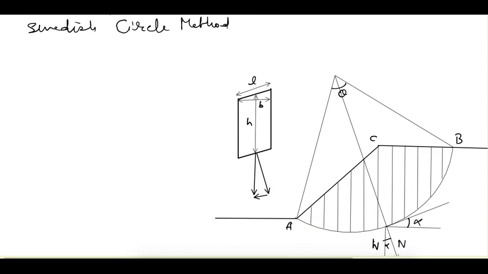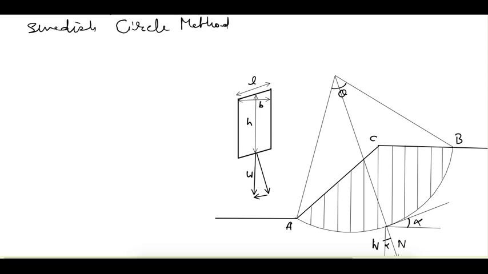So we divide our slope above the arc. AB is the arc, so whatever soil is there above the arc, we divide it into slices of preferably equal size, and then we take the components of the forces.